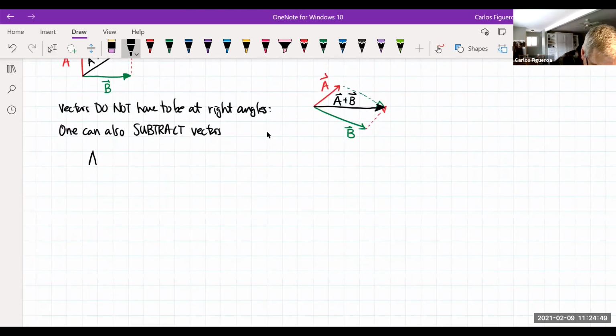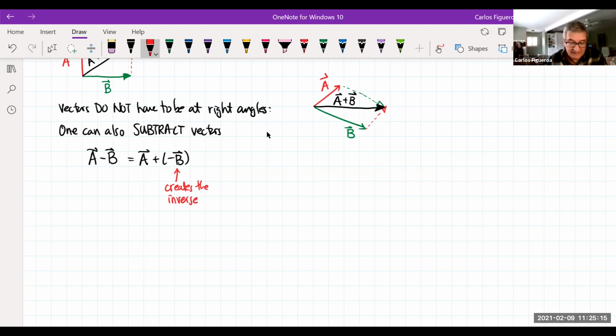Let's say that I want to do A minus B. One way that we can do this is by A plus minus B. And what this does is that it creates the inverse.